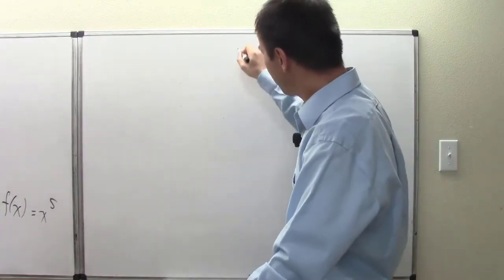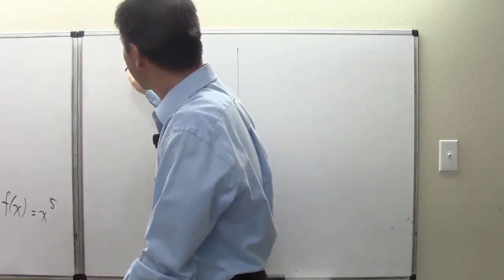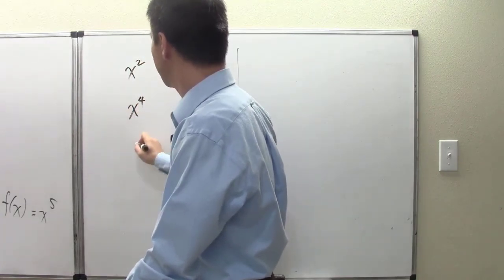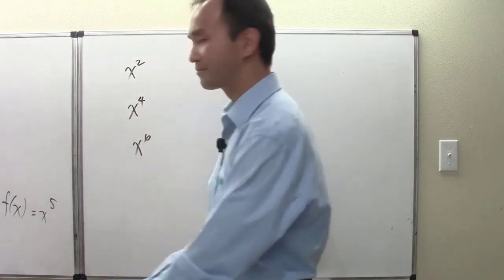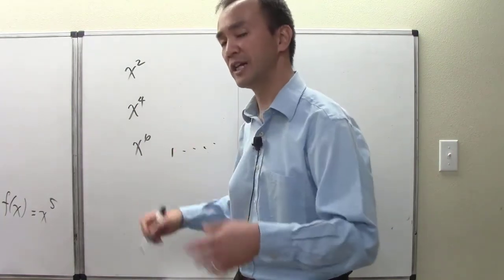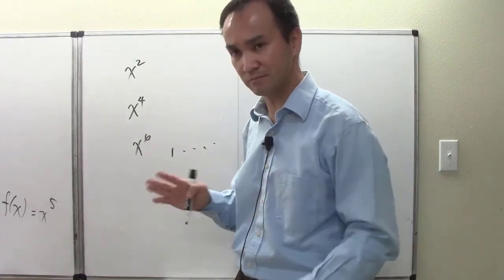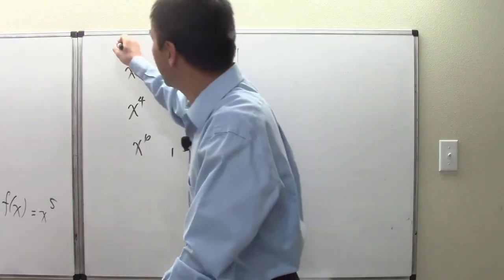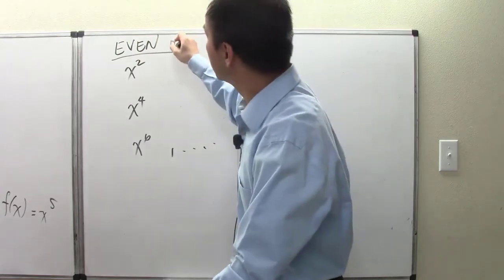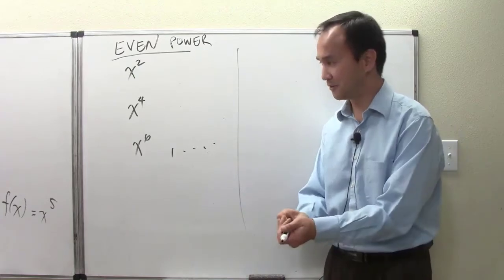But for now, let's focus on x squared, x to the 4th, x to the 6th, and then many more, like x to the 10th, 12th, 14th, 16th, and any even power. My aim right now is to focus on the even powers.